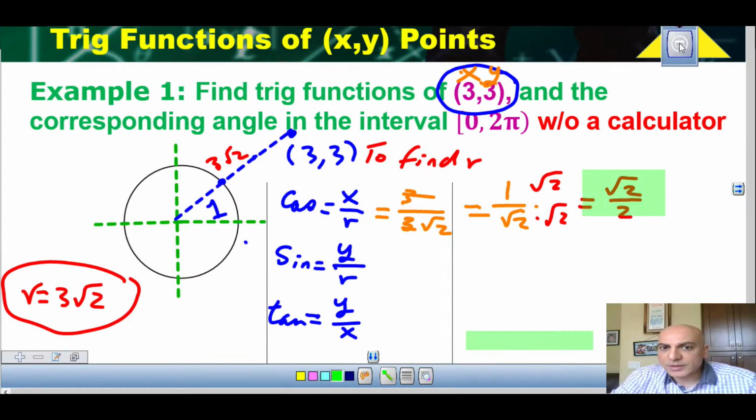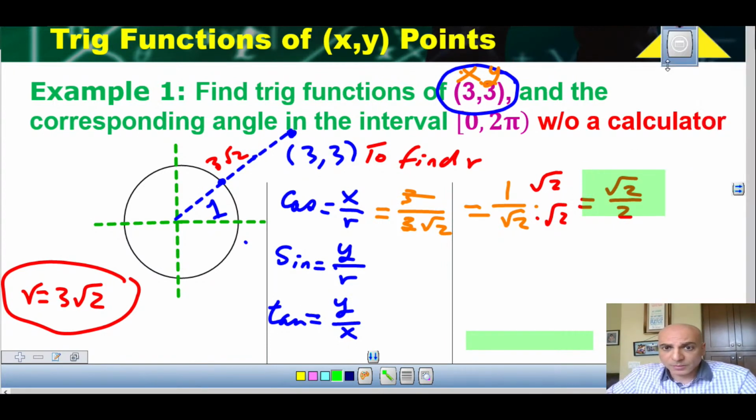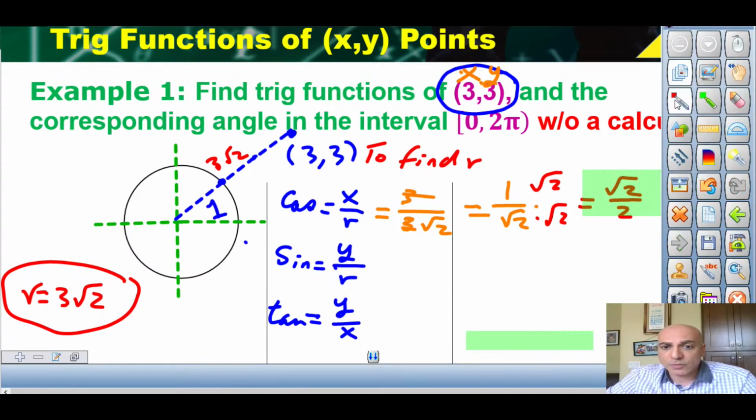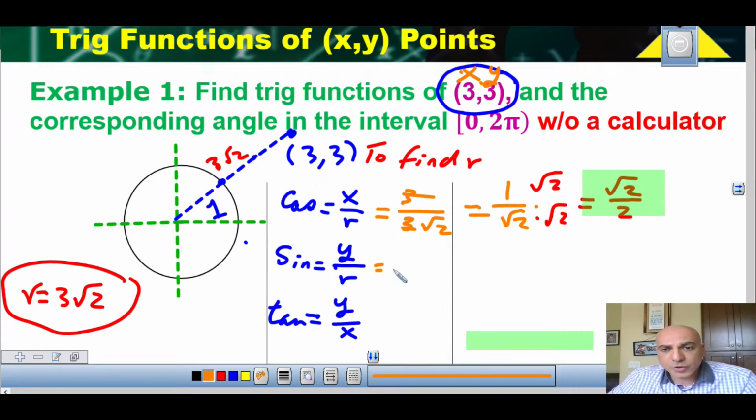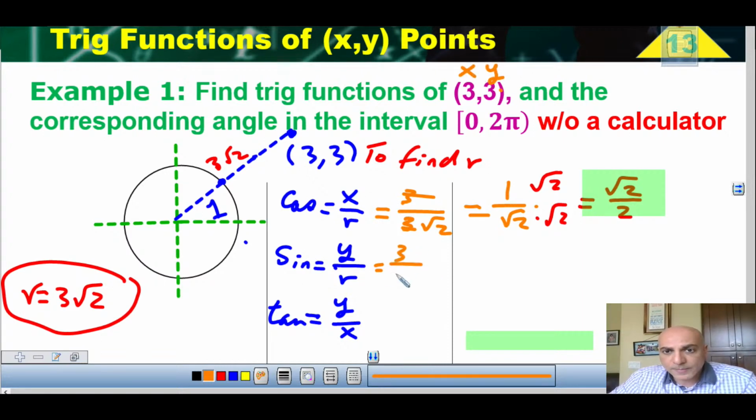I'm going slow on the first example. Once you get the hang of it, we're going to go a little bit faster. Now let's go back and see what I would do for the second one. So y again is going to equal, the y is up here. This is y and this is x. So y is 3, divided by my radius, square root of 2.